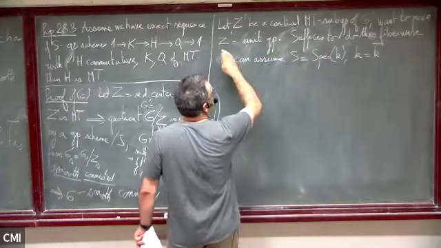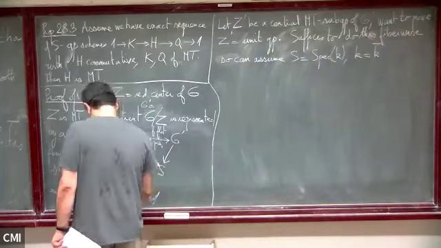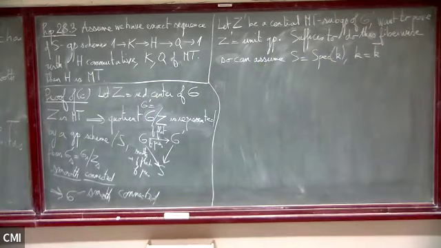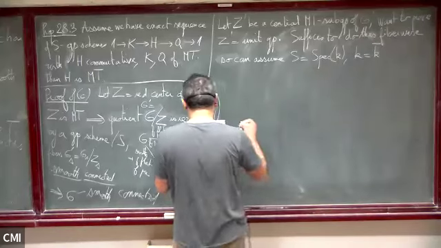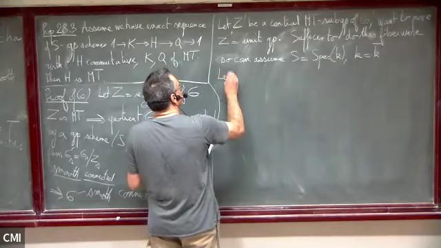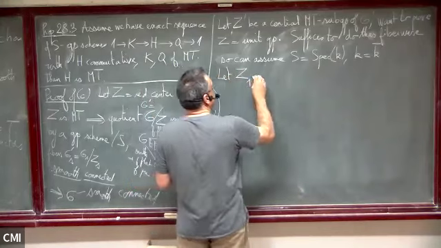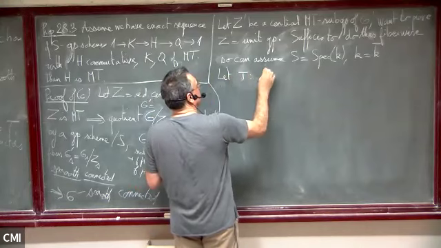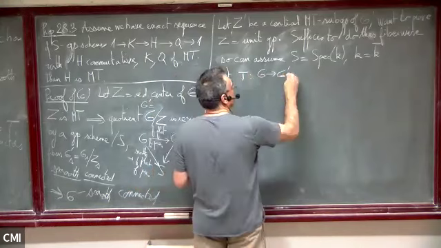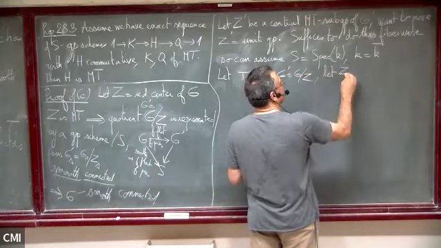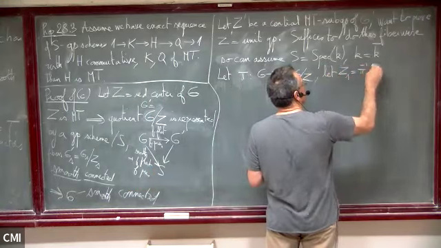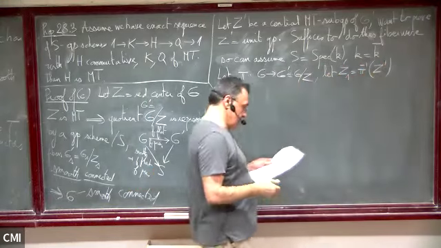Okay, so we are now in this setting. Let us call pi the projection from G to G prime, which is this quotient by Z, and let Z1 be the inverse image of Z prime.